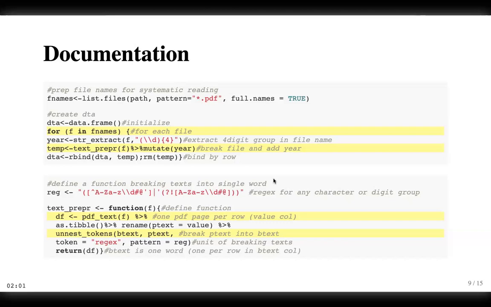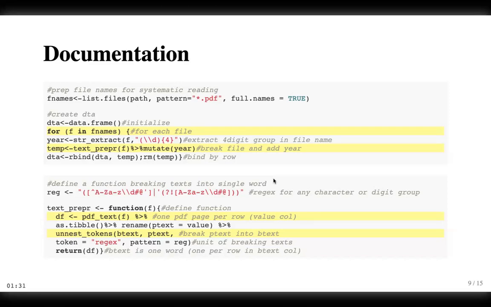The next important line of code is this unnest_tokens function, which is a function in the tidytext library to break paragraphs or pages of text into units that you define. Here, we want the unit to be word, using the regular expression object we defined at the beginning.